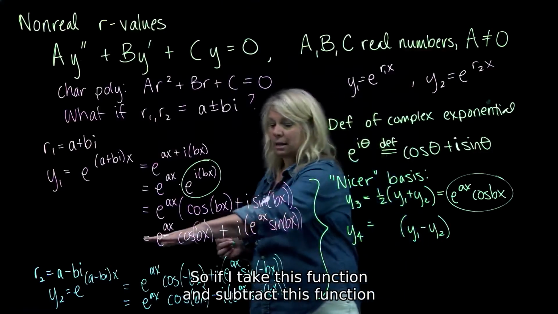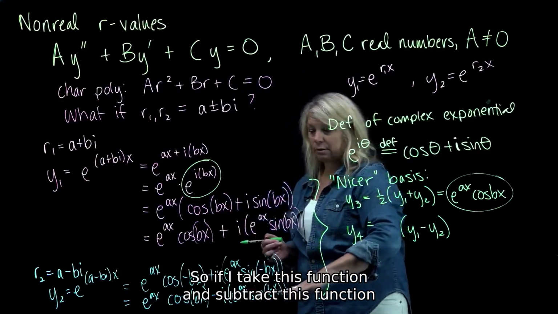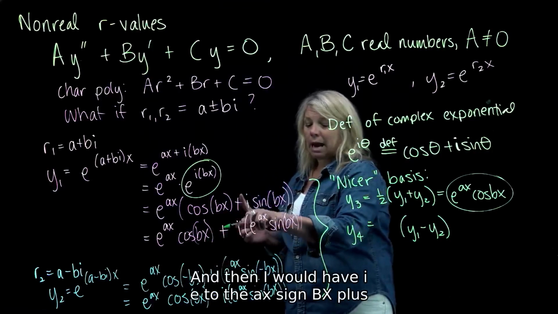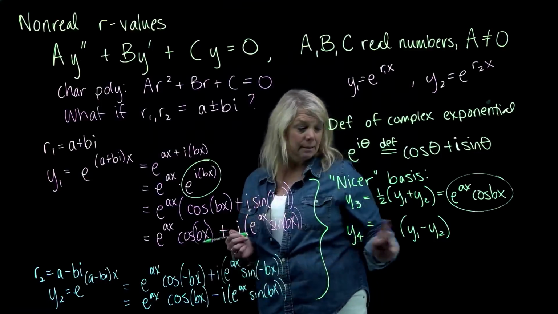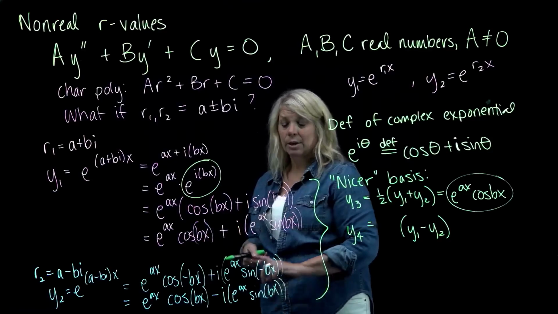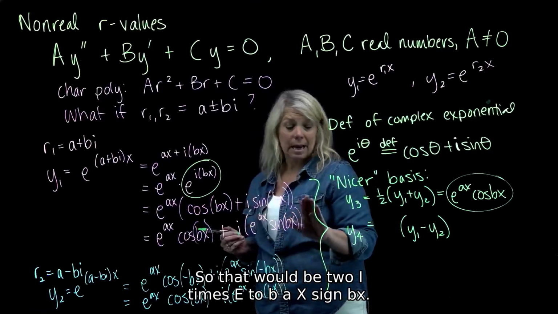If I take this function and subtract this function from it, the cosine terms will drop out. And then I would have I e to the ax sine bx plus, from the minus negative, I e to the ax sine bx. So that would be 2I times e to the ax sine bx.